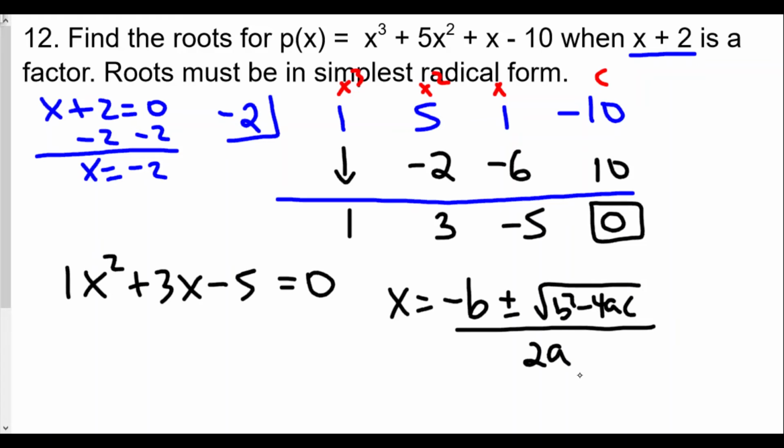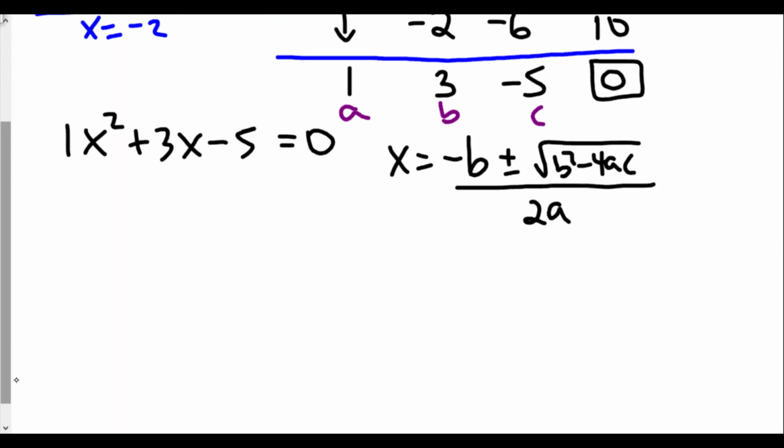Now all we need to do is find our a, b, and c values. The nice thing about synthetic division is that it gives us our a, b, and c values, because this is the a value, this is the b value, and this is the c value. Notice how we plugged into our quadratic function.